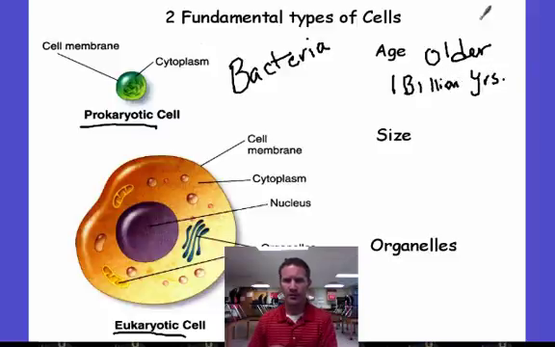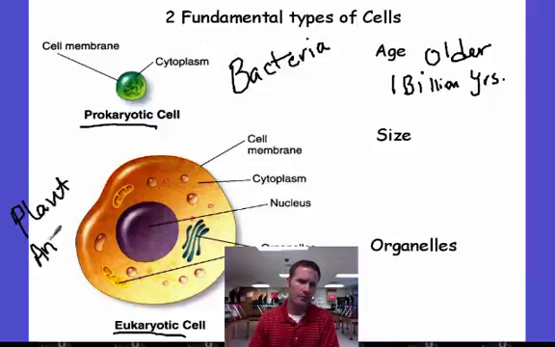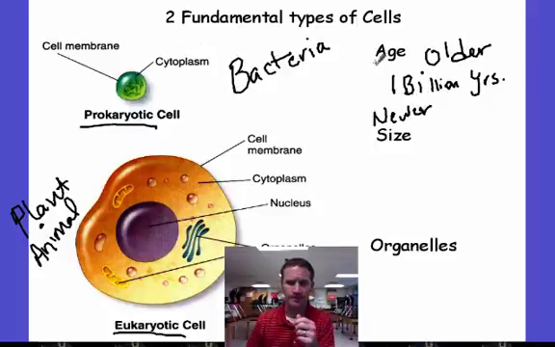That number is debatable, and it's not really worth arguing. The eukaryotic cells are predominantly plant and animal cells. This might look like the cells that we're studying in class, and you can see the different organelles that are inside them. So these are newer, again by approximately 1 billion years, give or take.